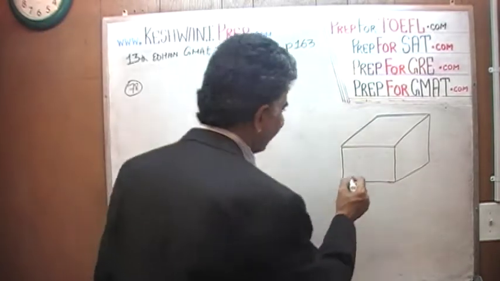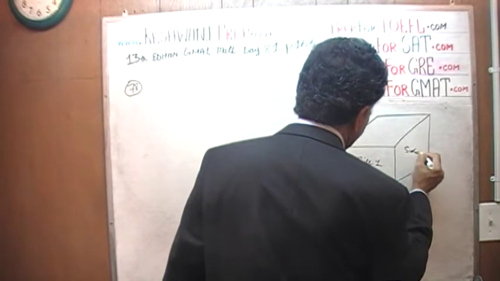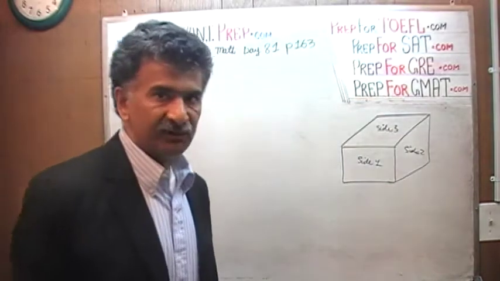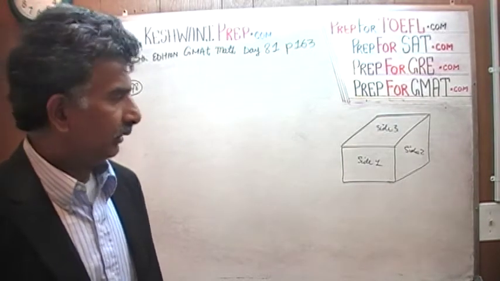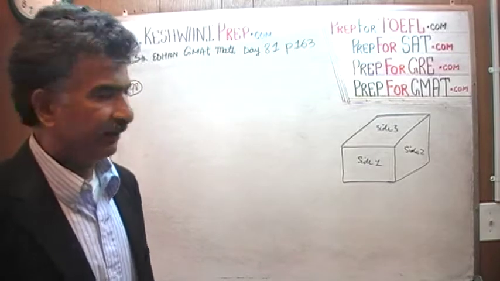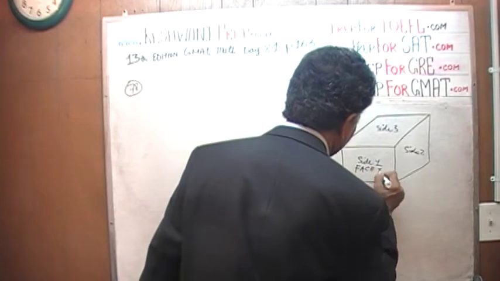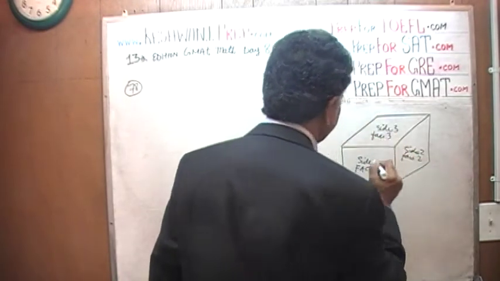Now they're calling it side 1 and side 2 and side 3. Technically speaking, most mathematicians would prefer to call these things, instead of sides, faces. This is face 1, this is face 2 and face 3.